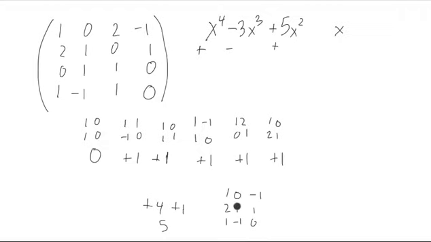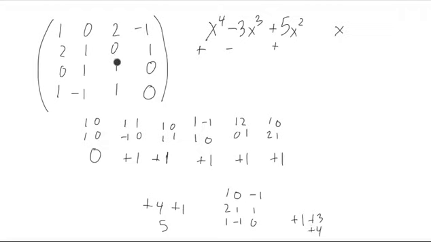So we have 1 times that determinant. So that looks like a positive 1. And then we have minus 1 times this determinant, so that's minus 2 and minus 1, so minus 3 times a negative 1 would be a plus 3. Okay, so from this one, I end up getting a plus 4.